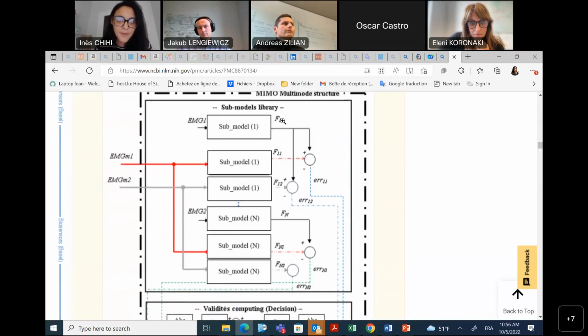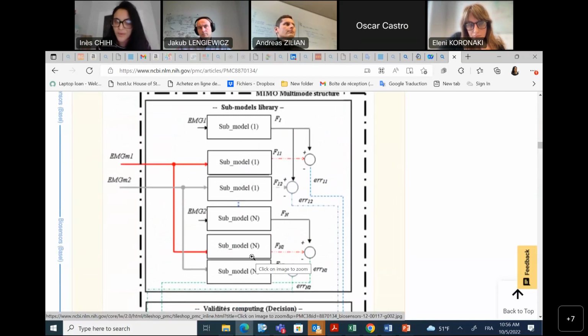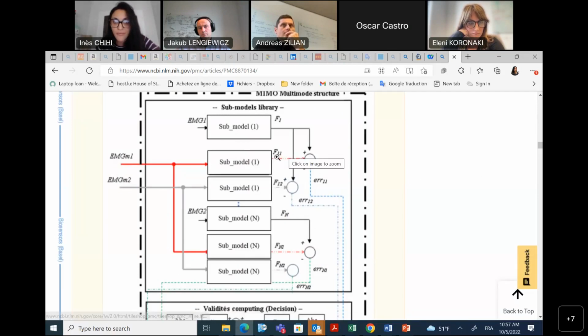So for this paper, I have submodels 1 to n, for example. These models have fixed parameters, with fixed input and output. So first, I apply the EMG signal that I want to use to estimate the muscle force to submodel 1, with known parameters. Then I will have F11, the estimated force when I apply my EMG signal to this defined submodel.